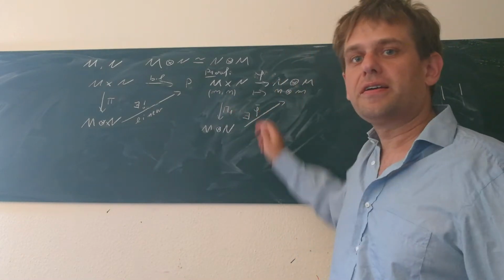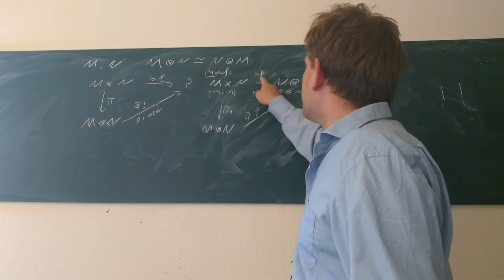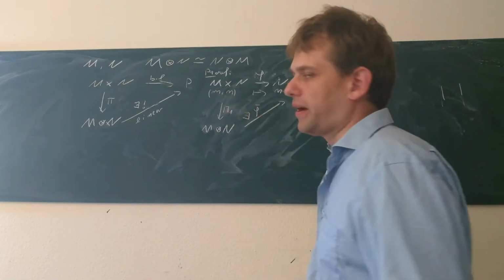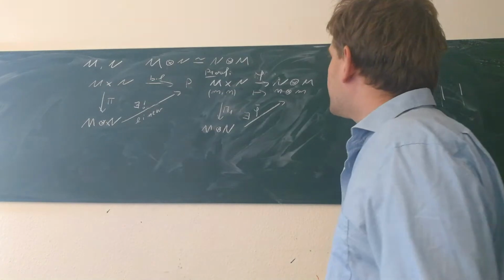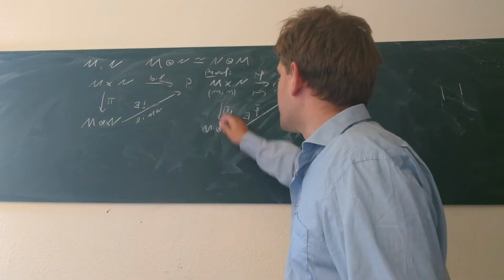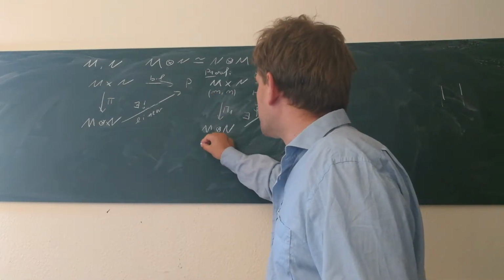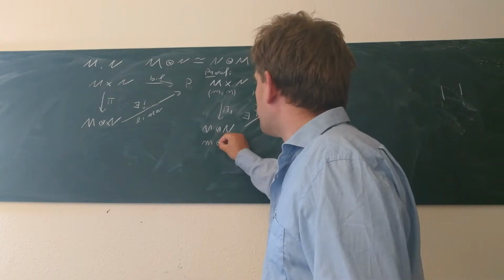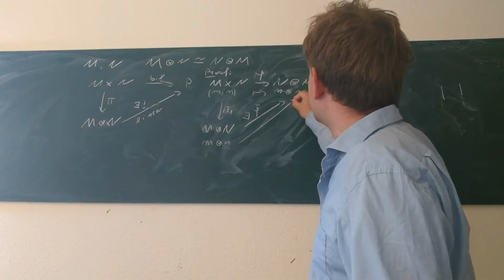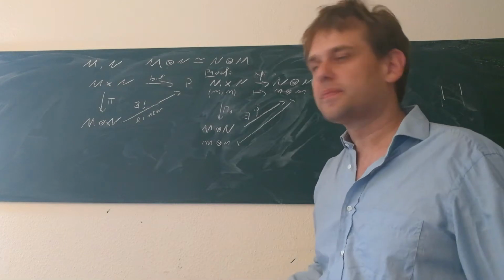So we have a unique phi bar such that phi is the same as this projection pi 1 followed by phi bar. So this means that if you want to write it down on all the elements, (m, n) gets mapped to m tensor n, and this gets mapped to this element n tensor m.